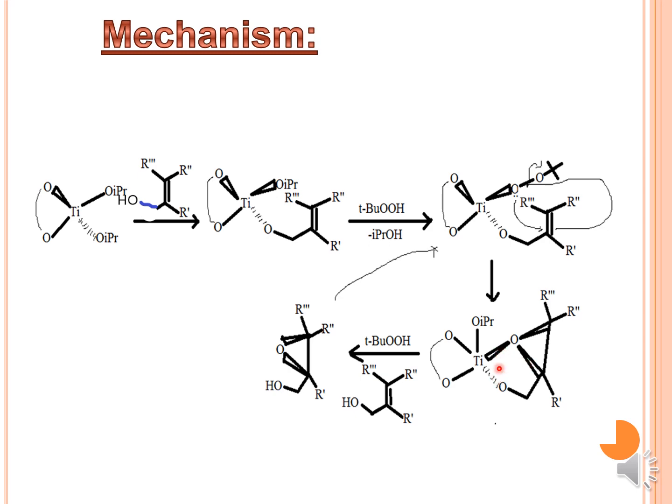When this comes back, this whole thing will go. This titanium catalyst will cleave out with the formation of one O minus. Upon hydrolysis, with the tertiary butyl hydroperoxide, hydrogen will come and bind over here. O minus will abstract the proton from here, resulting in the epoxide formation.